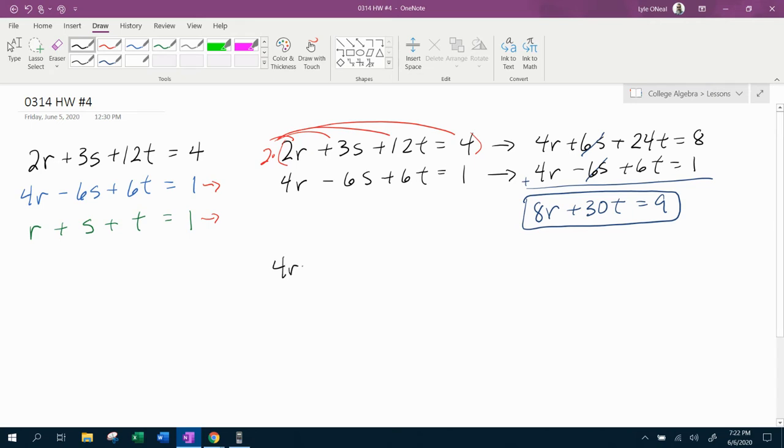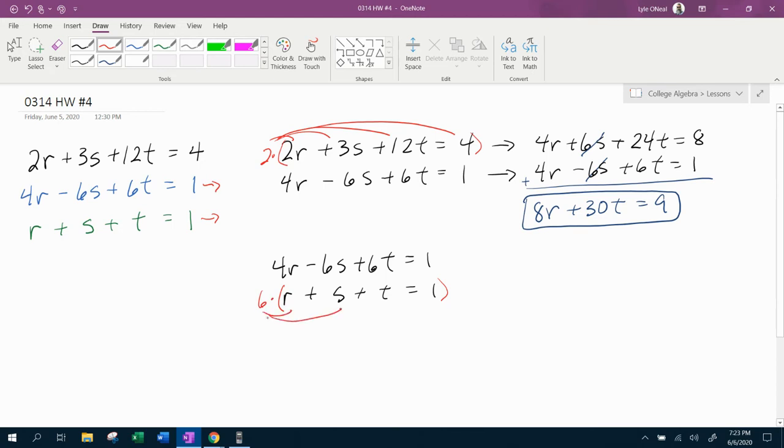That's going to be 4r minus 6s plus 6t equals 1. r plus s plus t equals 1. And then I'm going to notice if I multiply the second equation through by 6, I'll get a 6s, and then the s's will cancel.